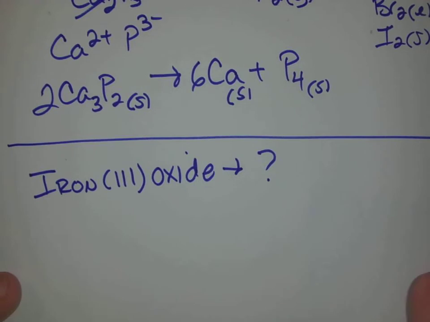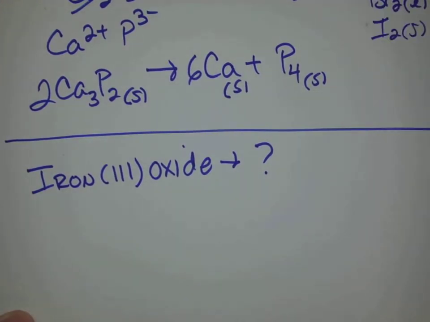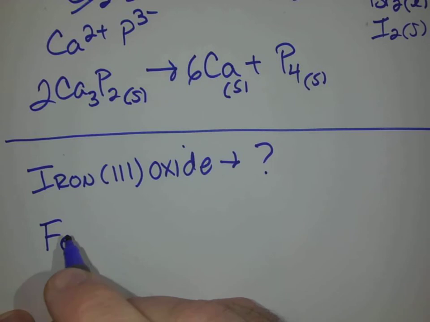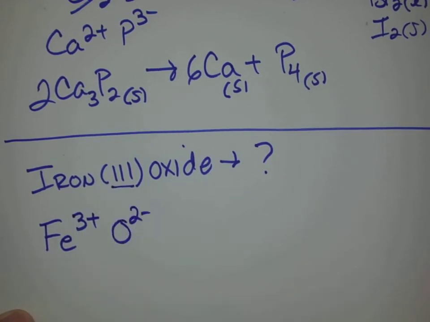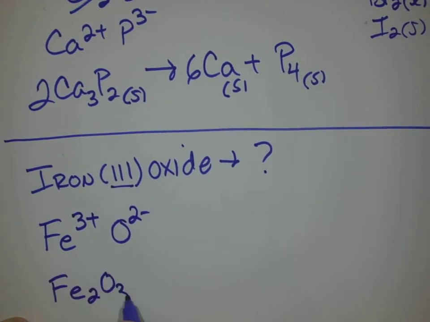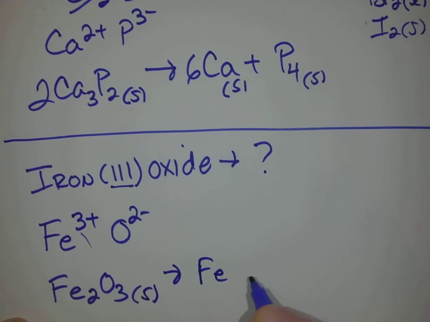Well, welcome back. Hopefully you understand that this means that iron has a 3+ charge. Our good old friend oxygen has a 2- charge. So Fe2O3, again not making the same mistake, crisscrossing the charges. That starts out as a solid, so it's going to break down into the elements that make it up.